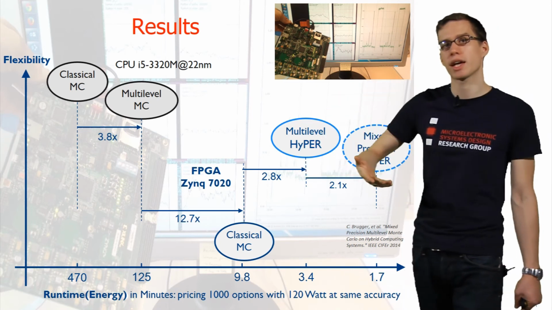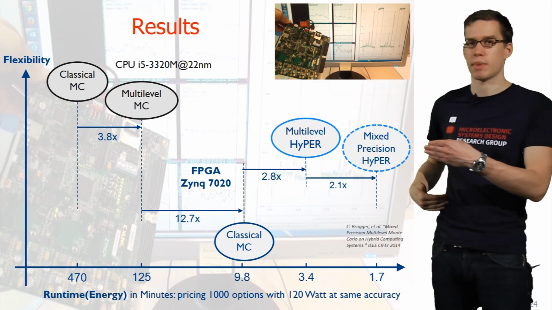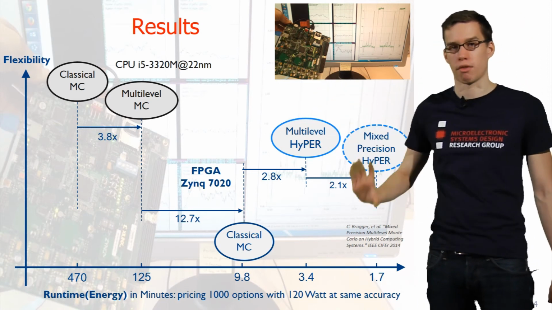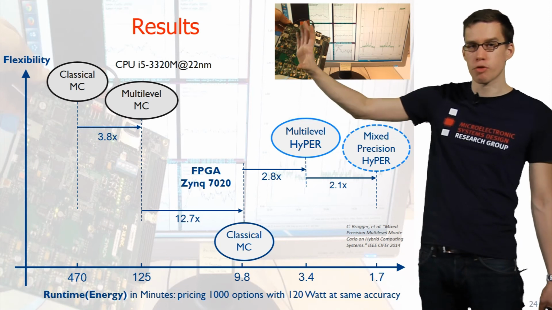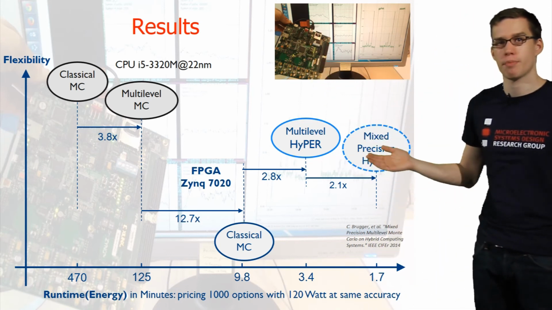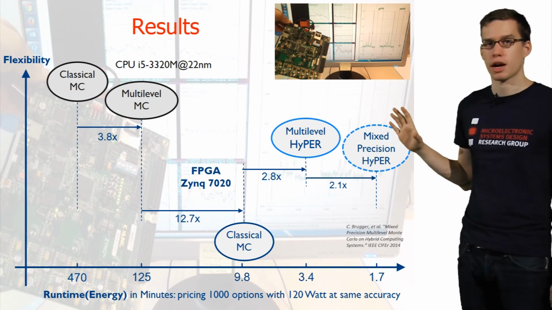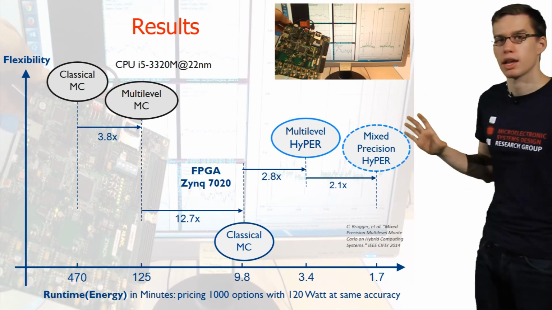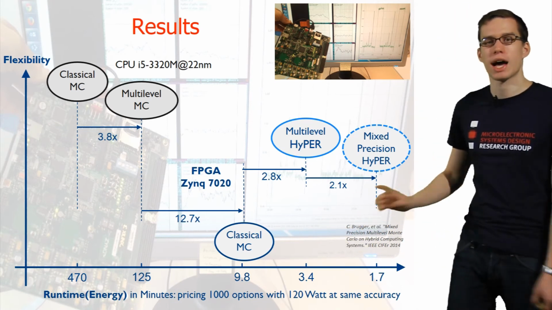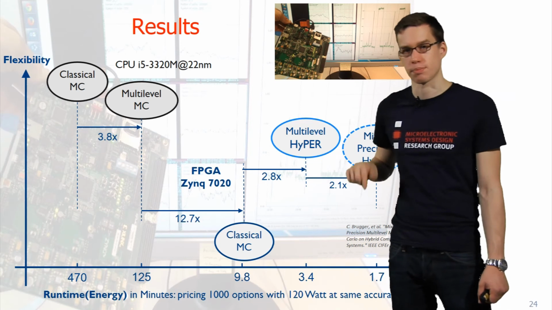But on the FPGA we can now use reduced arithmetic. And it turns out we can use different precisions for each level. So we can use a very low precision on the first level and then higher precisions on higher levels. We published a paper on that. It's called Mixed Precision Monte Carlo Methods. It's here, you can see it. And with that we get another 2.1x speed up.